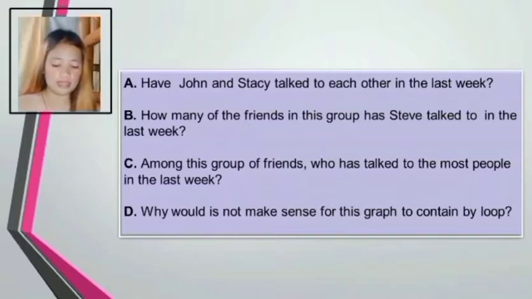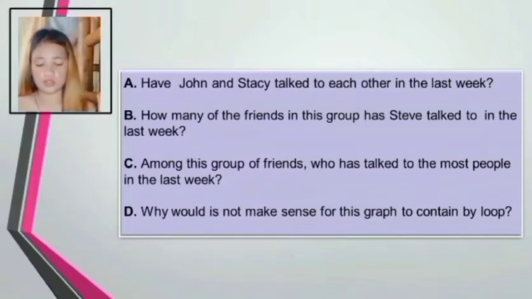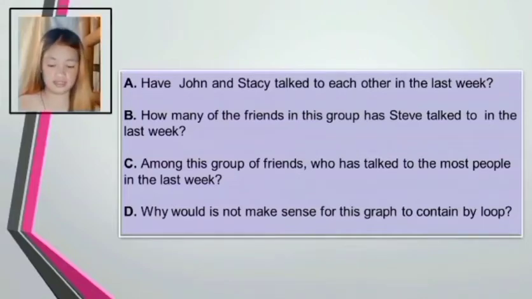So, may 3 tao ang kumausap kay Steve last week at yun ay sina Michael, John, at Erin. Letter C, or number 3, among this group of friends, who has talked to the most people in the last week? The person who has talked to the most people in the last week is Michael.